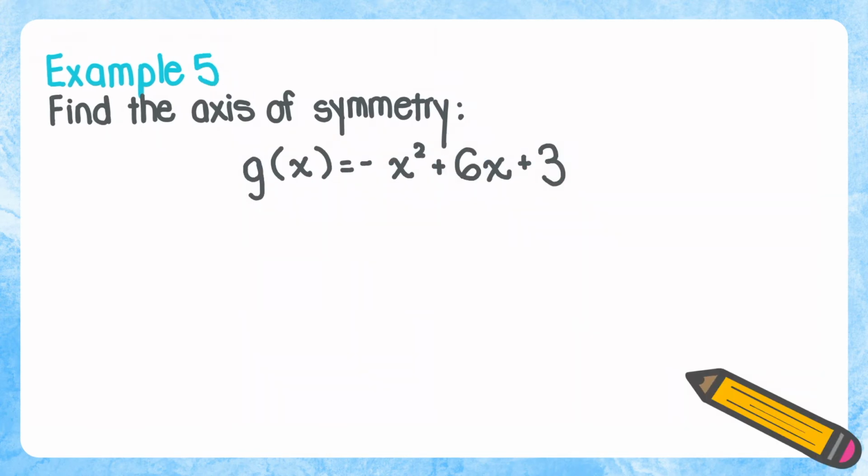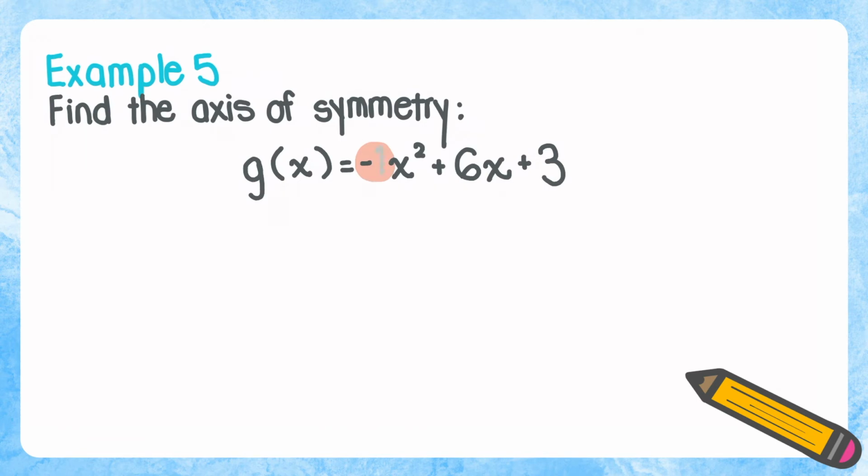Next we have g of x equals negative x squared plus 6x plus 3. What are a, b, and c? Pause the video and think about it. When you think you have an answer, press play again. So notice right here, this is where a would be.